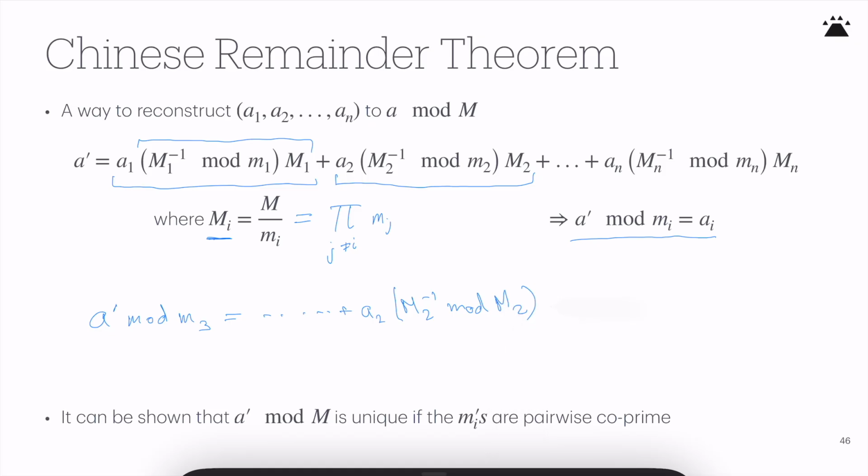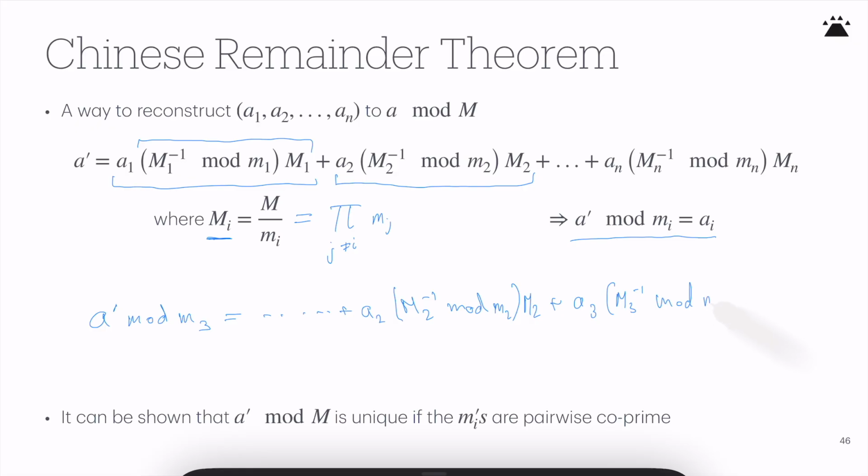Excuse me, I actually made a mistake here. So this is mod small m_2, and this is times big M_2, and this is mod small m_3 times big M_3. Okay, so let's see what happens when I take mod m_3 of this.